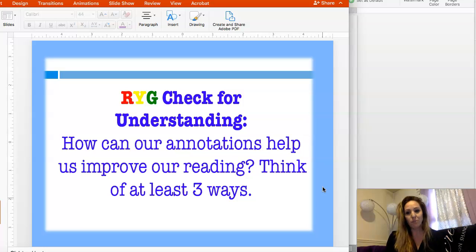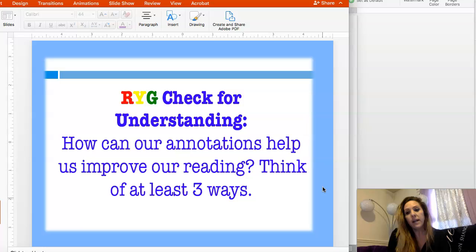We've all read those books, right? Or those texts that a teacher has given us where we're like, God, I'm reading it, and you're not. You're just reading words. You're not really reading and thinking about what you're reading and understanding it.